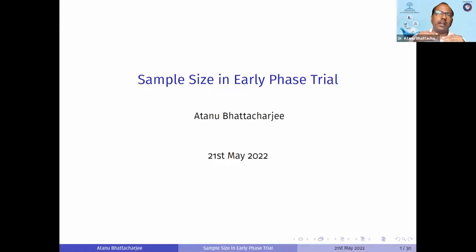Now, another important thing, let's come to point 3. Point 3 is basically the study design. Study design is one of the important points that needs to be considered when you are talking about sample size calculation. Study design is nothing but how we are conducting the study, how we are going to collect the data from the patients, or it's not always patient data.